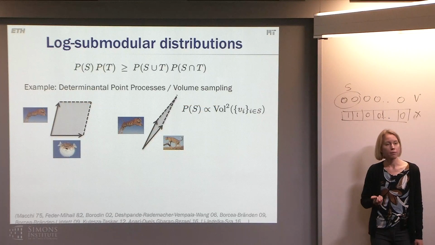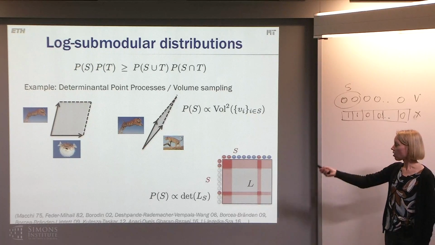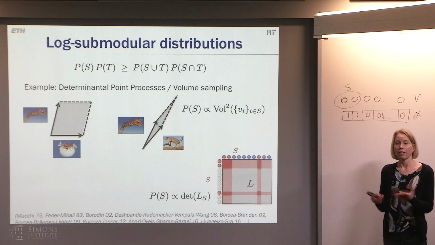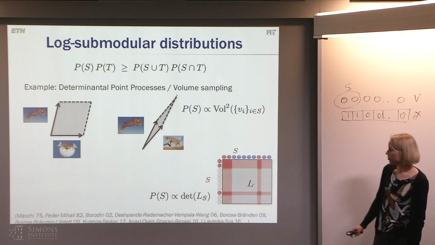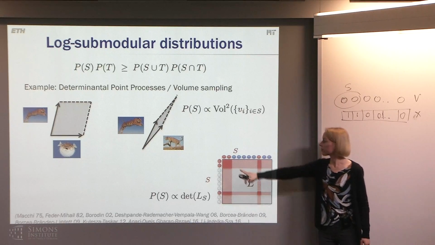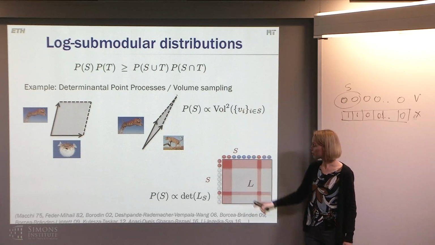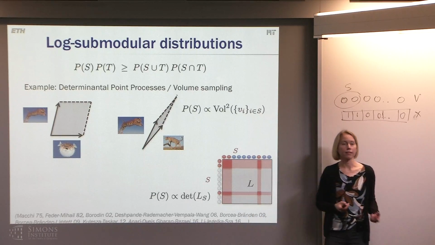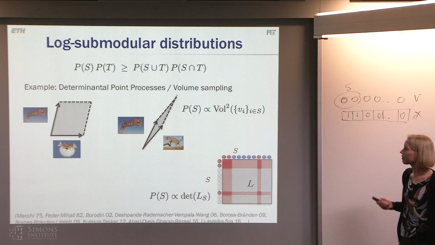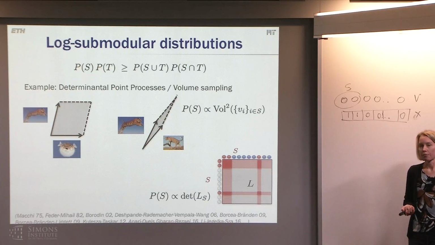This can be conveniently represented as the determinant of submatrices of a large inner product matrix, called L here. This matrix is indexed by the variables in my ground set, picking subsets of these variables gives me a submatrix, and I take the determinant. That thing is log submodular.